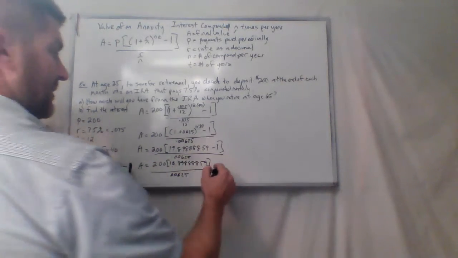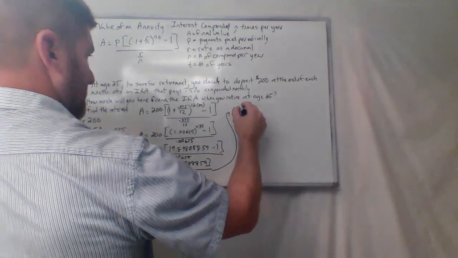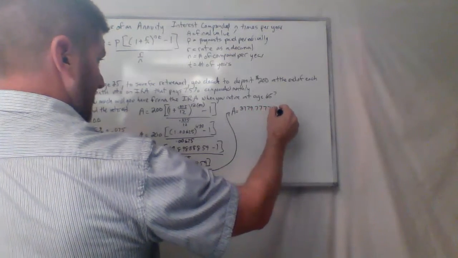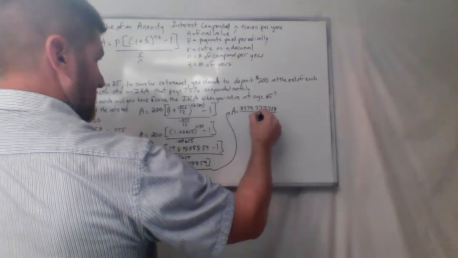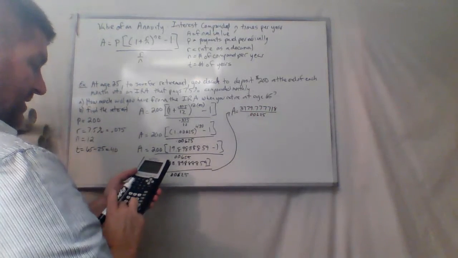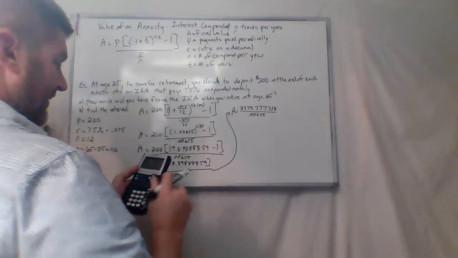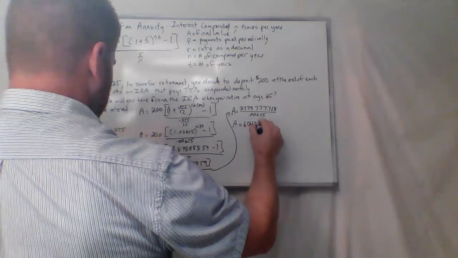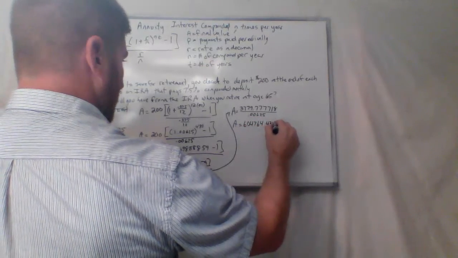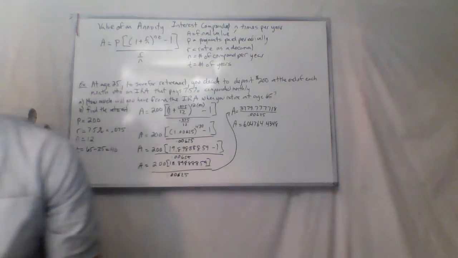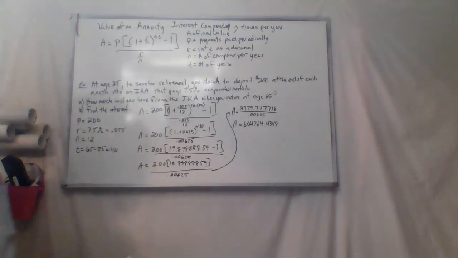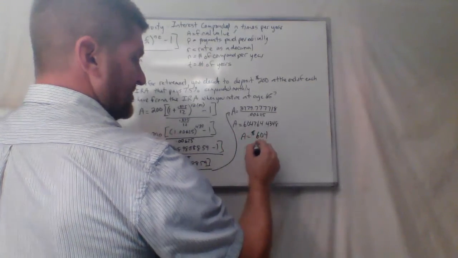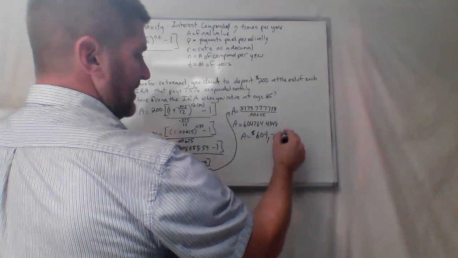And I'm going to get A equals 3779.777718 divided by 0.00625 divided by 0.00625. And this account is going to be 604764.4348. All right. So what is this about right there? Well, it's really about 604,760. I'll leave it as 4.